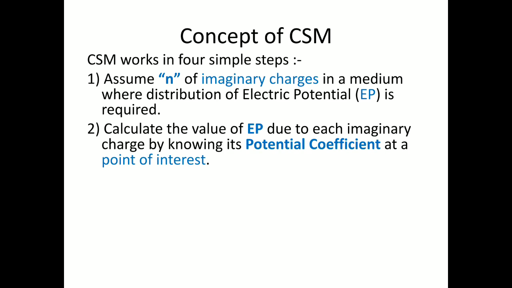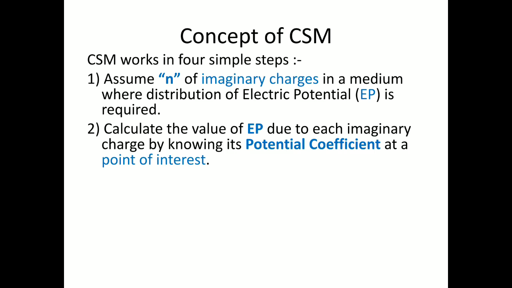Second, we need to calculate the value of electric potential due to each imaginary charge by knowing its potential coefficient at a point of interest. So this is our second step.